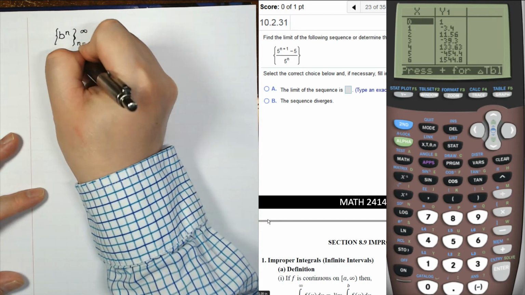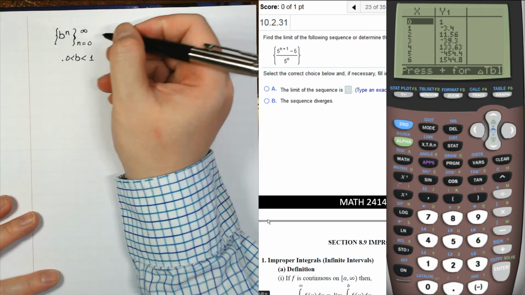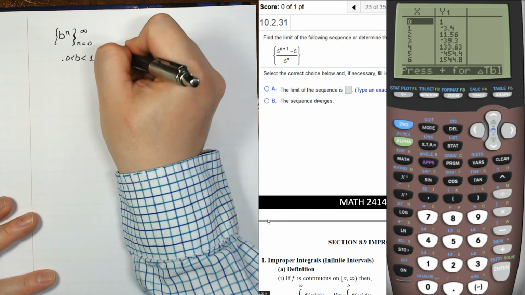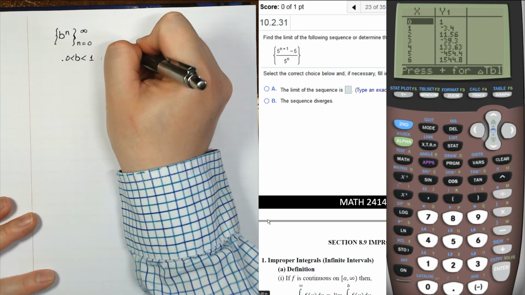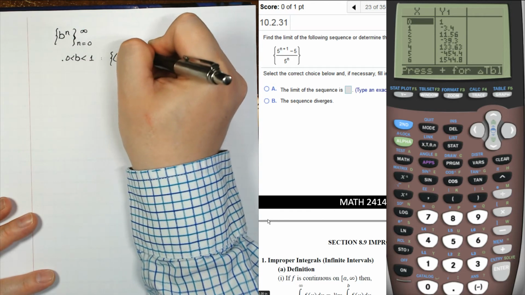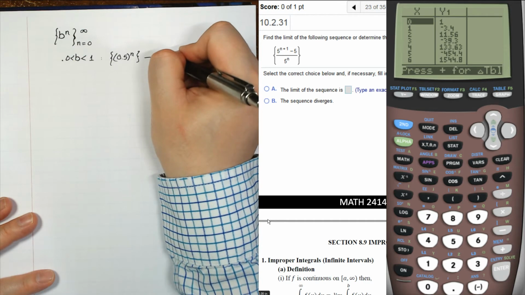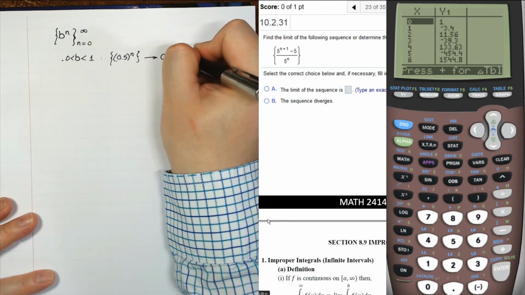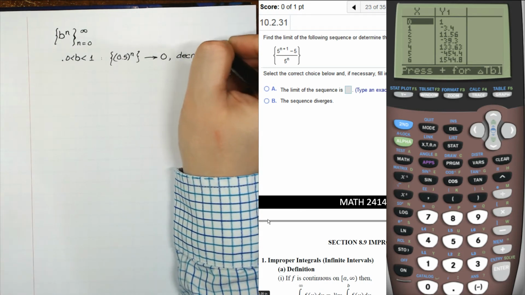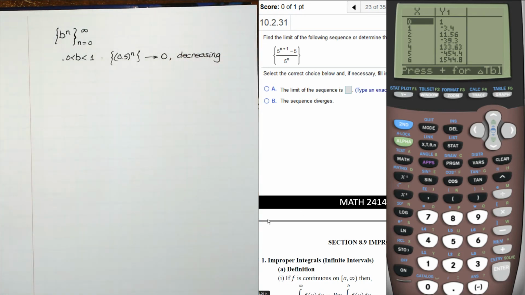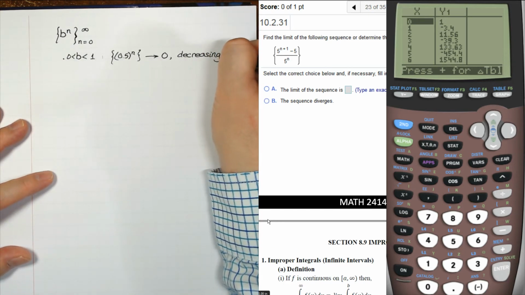If b is between 0 and 1, like we're talking about in this sequence, this one will go to 0 and the base is less than 1, so it is decreasing. Like the first example we have in number 22, decreasing, and this converges.